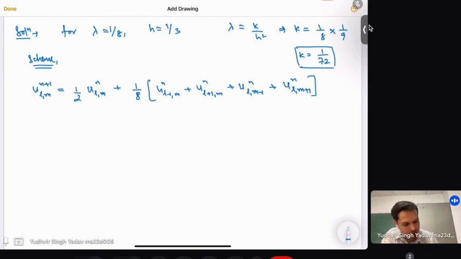So let us number this scheme as equation number 1.